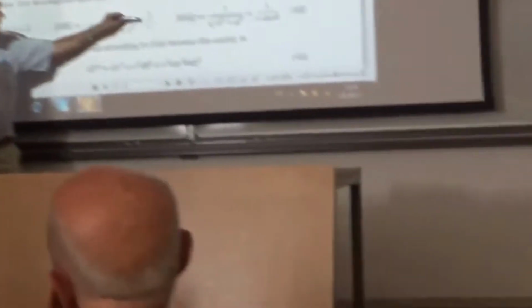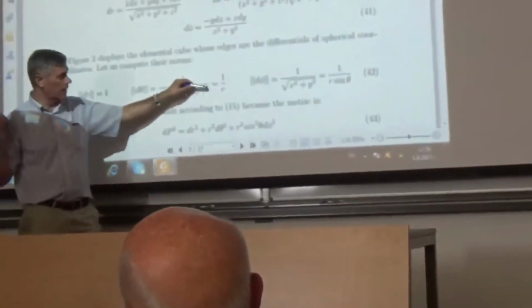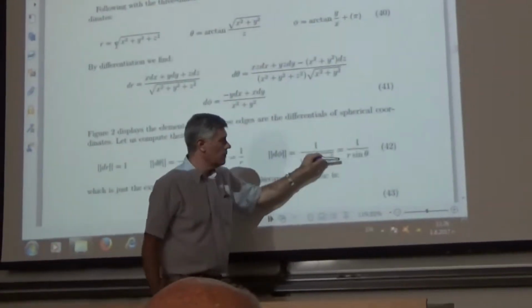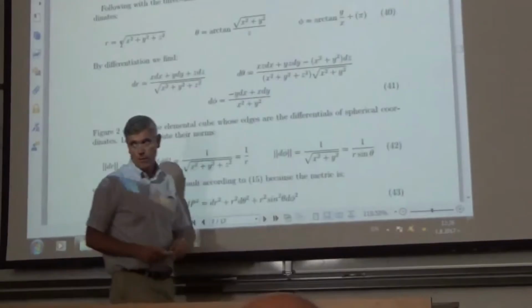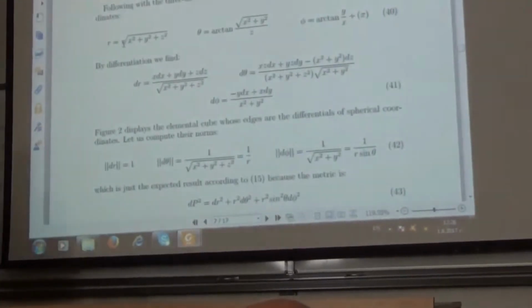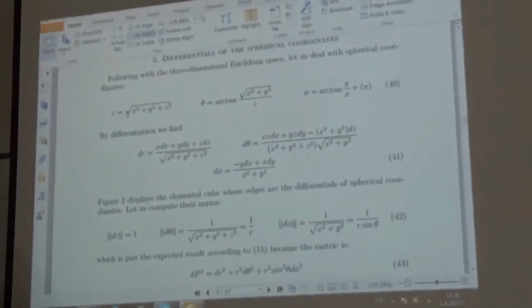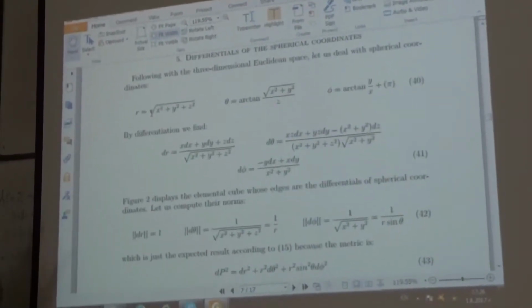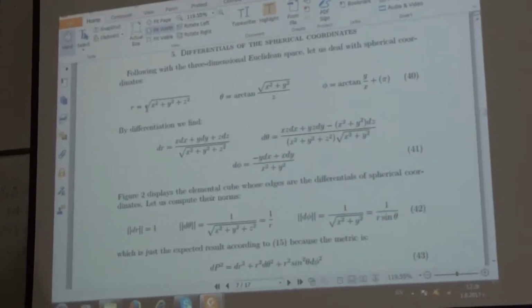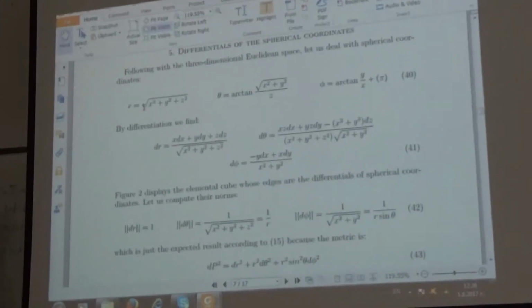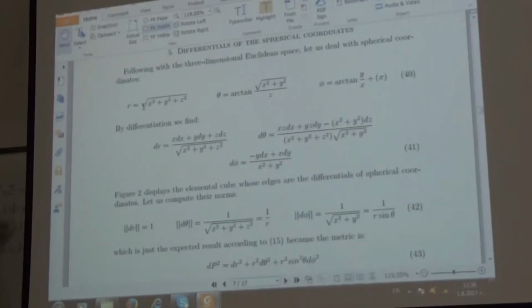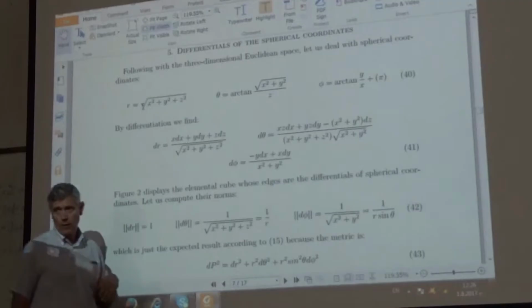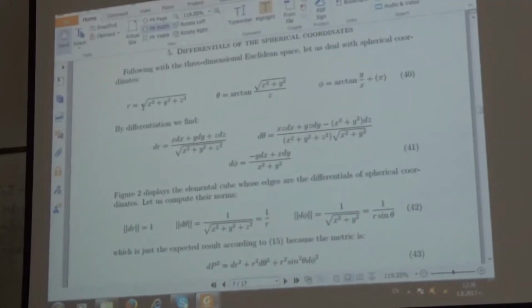This is 1 divided by the scale factor of theta, which is r, and the scale factor of phi, which is r sine theta. So this is very important because we have two options, either to work with omegas, which have a unity norm, or to work with the differentials of the coordinates, which do not have unity norm.